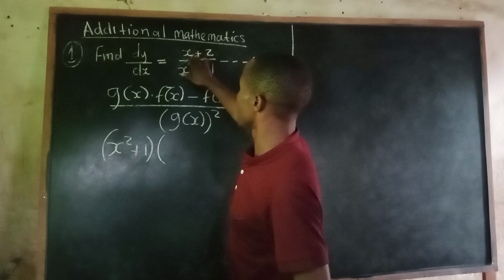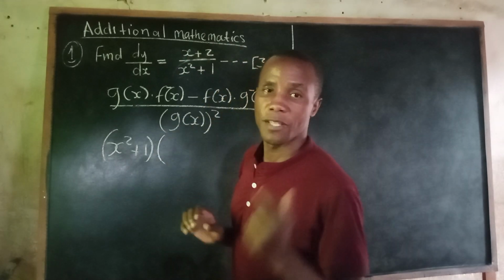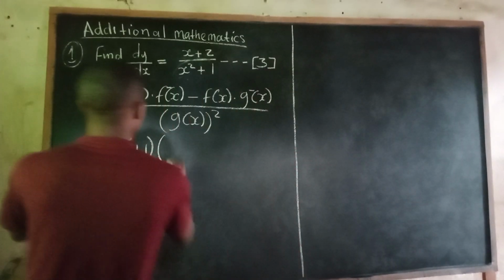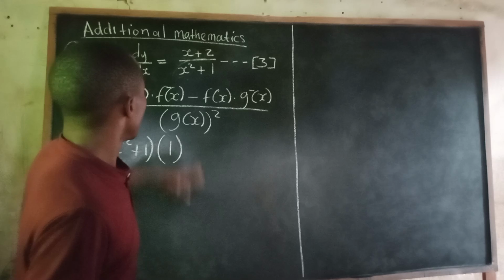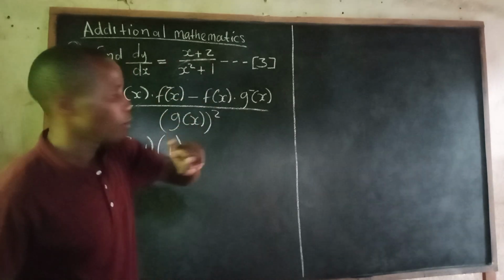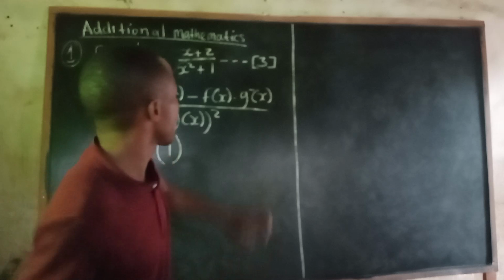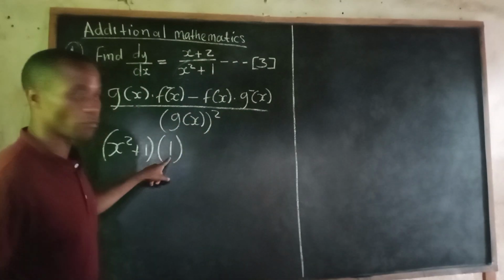The term here is x + 2. When we differentiate x + 2, we have 1, because differentiating the variable gives 1, and differentiating a constant gives 0. So we still have 1.